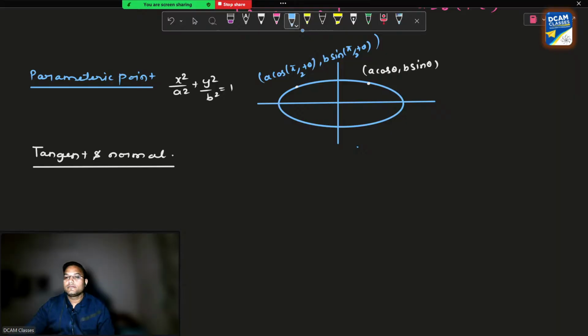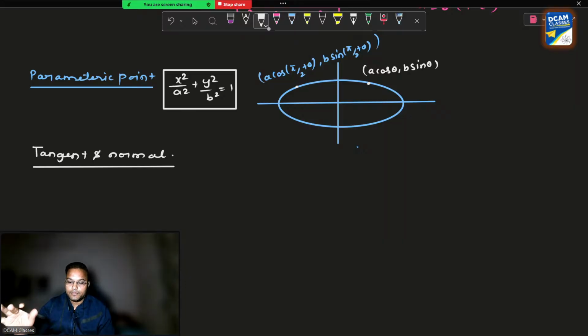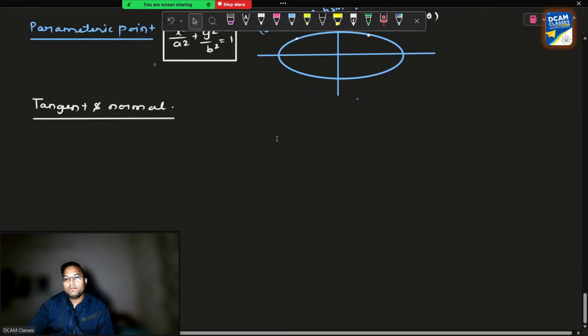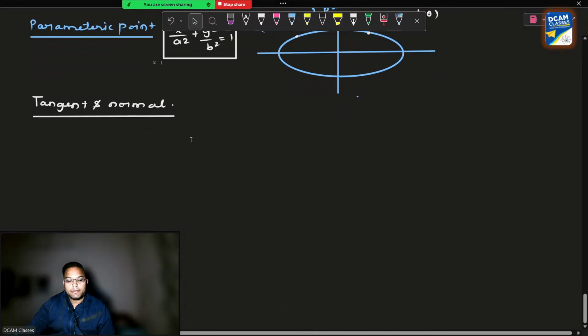It doesn't matter whatever you take, but it's a general practice that we take the parametric point as a cos theta comma b sin theta. Okay, Haripriya? Clear? Easy?